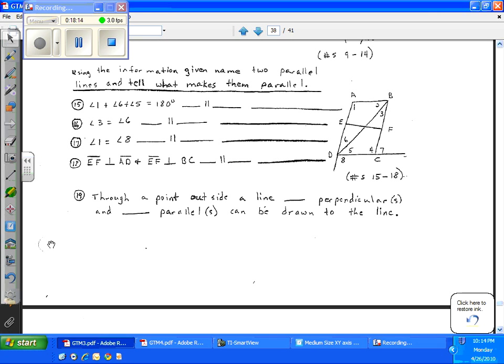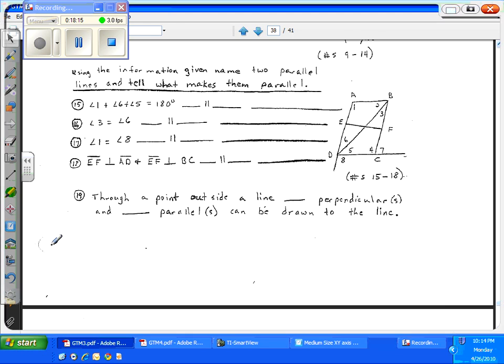Okay, angle 1 and angle 8. The vertex of 1 is here. We're going to go all the way to there. 1 is here. We're going to go all the way to 8. We start at 8. There's its vertex. We're going to connect and we get the letter F. It says they're equal. F's are corresponding. They're both in the bottom right position.